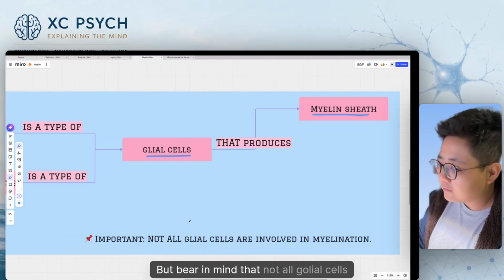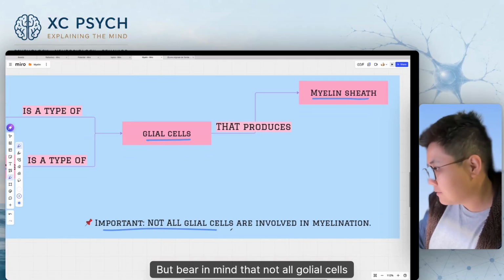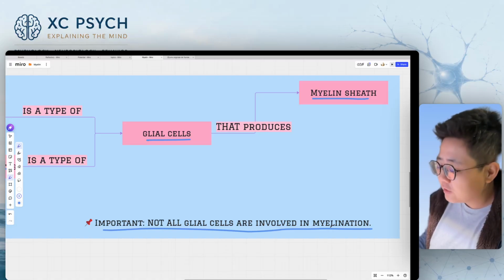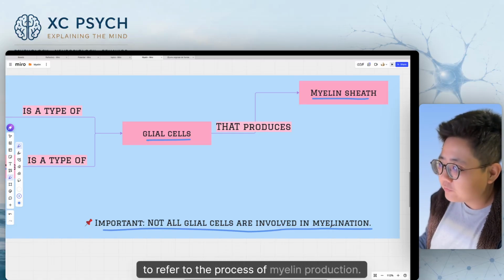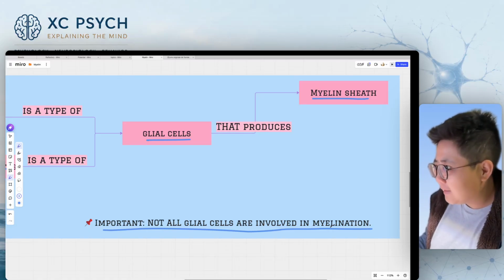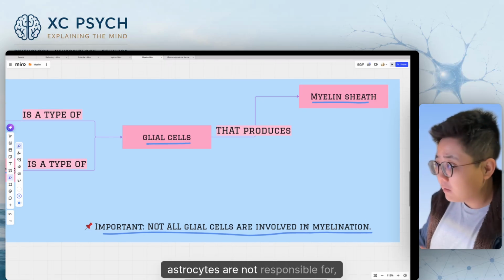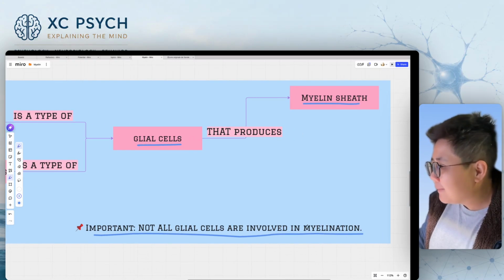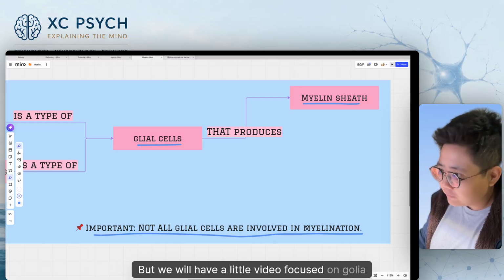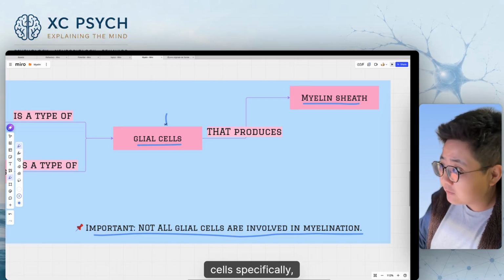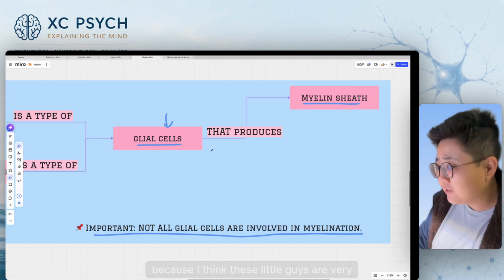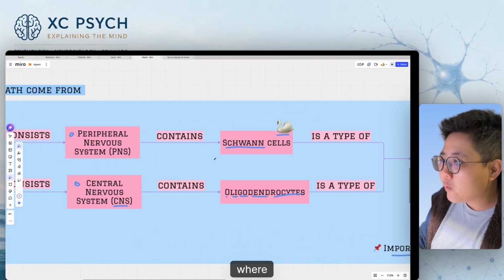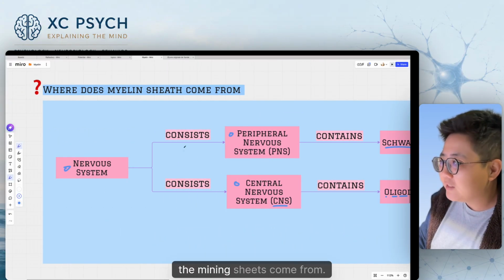But bear in mind that not all glial cells are involved in myelination. Myelination is a word to refer to the process of myelin production. For example, astrocytes are not responsible for myelination, but we'll have a later video focused on glial cells specifically because I think these little guys are very interesting as well. So that is where the myelin sheaths come from.